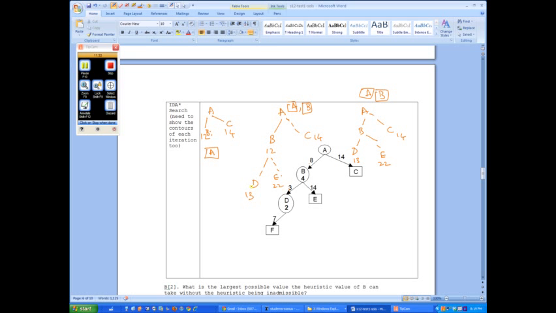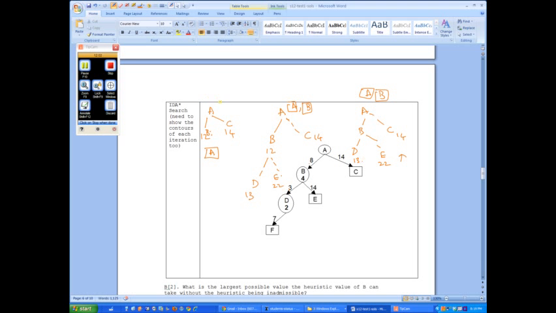Okay, so the only way more than one node can enter the next iteration is if all of them have the equal F value, the minimum F value which is above the cutoff. So in this case, you only included just one node at a time. Anyway, at this point when you came back here, you have C at 14, which is the lowest value that still is above the cutoff 13.